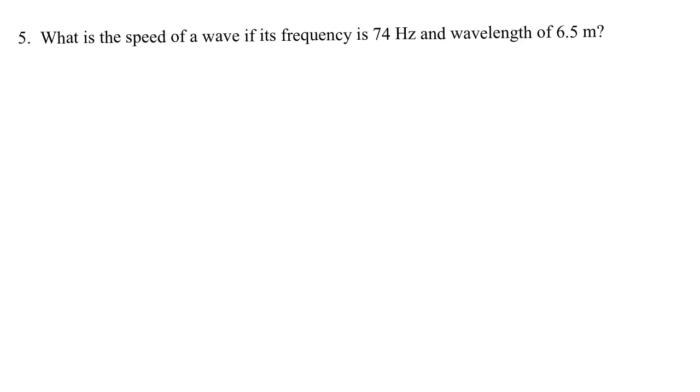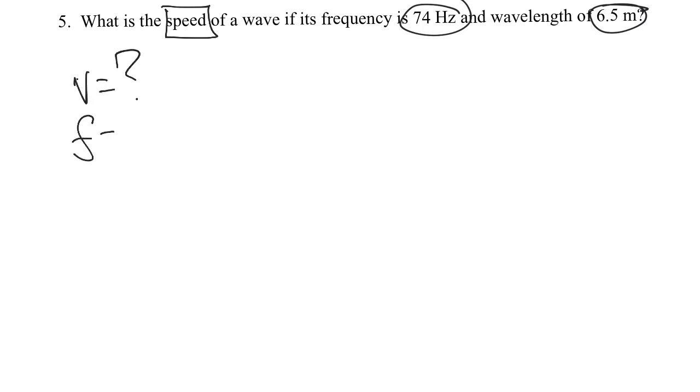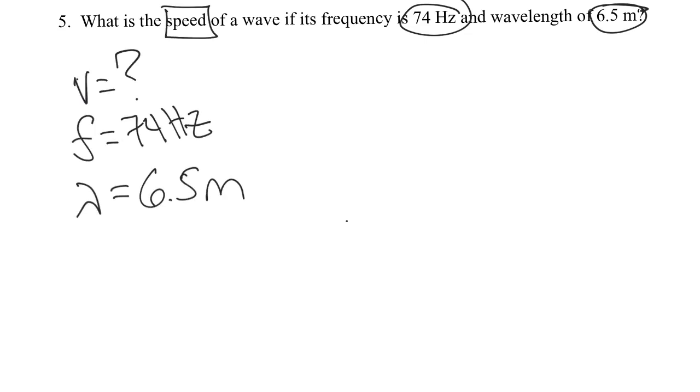And finally, we have our last problem. This one asks for the speed of the wave if its frequency is 74 hertz and its wavelength is 6.5 meters. So here it's asking for v, just like old times. Our f is equal to 74 hertz and our wavelength lambda is 6.5 meters.